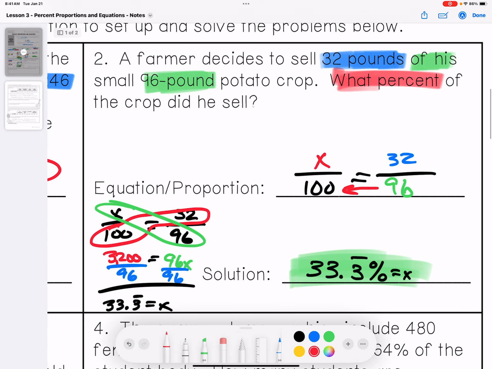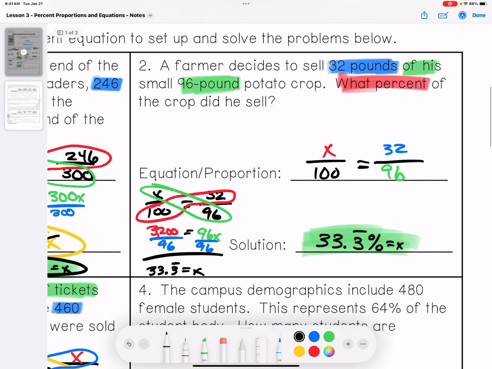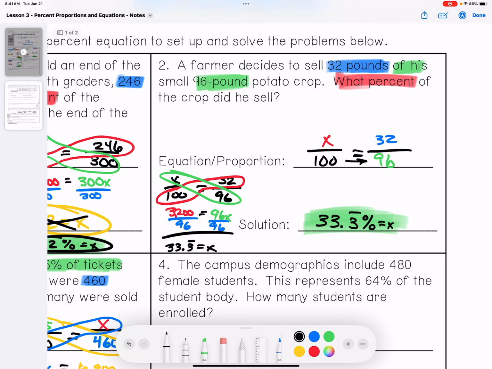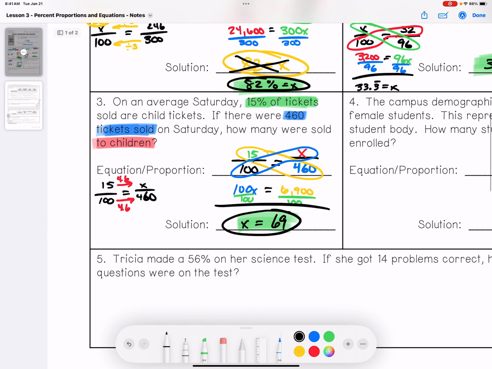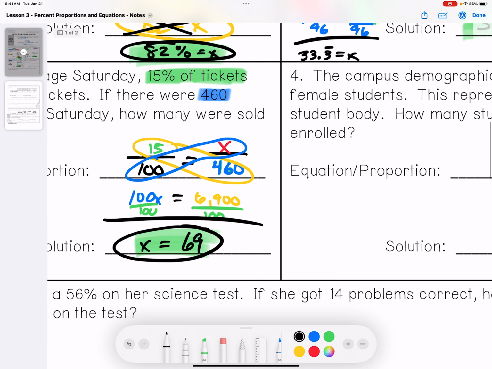Up here, I did not do that. I forgot to. You could have done 100 divided by 96, which was 1 point something. I don't remember what. And then you could have done it times 32. I forgot to write that one down. I'm sorry.